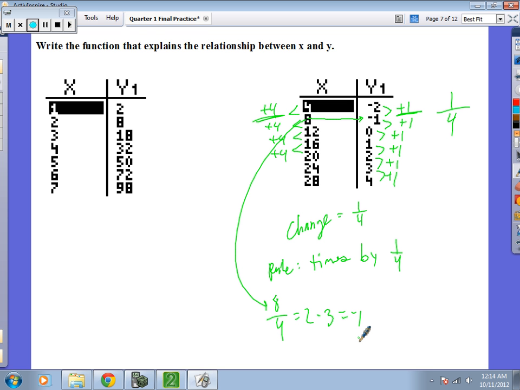Okay, let's try one more. Let's try 12. So here's my rule. I'm going to do 12 divided by 4. That's 3. And then I'm going to subtract 3, and that ends up as 0. Okay, I lock it in. I feel pretty good. That is it. So my rule is y equals x divided by 4 subtract 3.